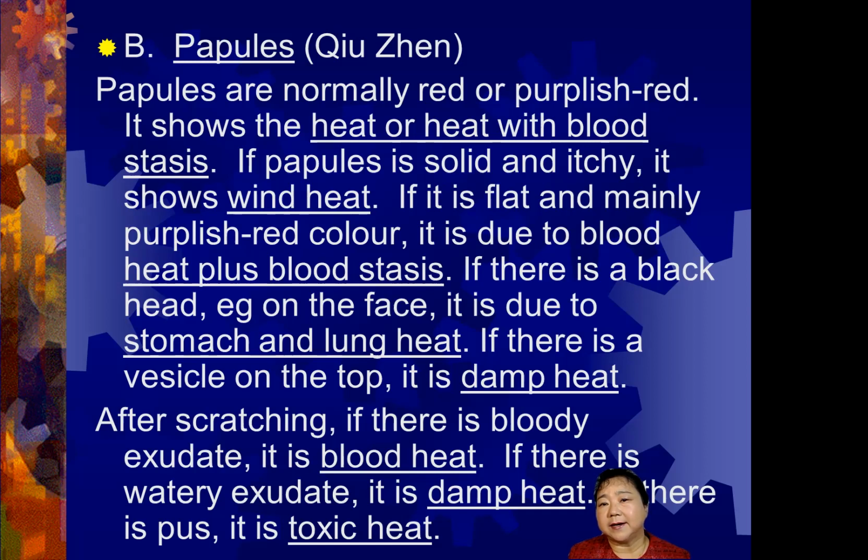Even when we say flat, it is still a papule, still popping up a little above the skin. It's different from macules. If there's a blackhead, for example on the face, it is due to stomach and lung heat. If there's a vesicle on the top, it is due to damp heat.